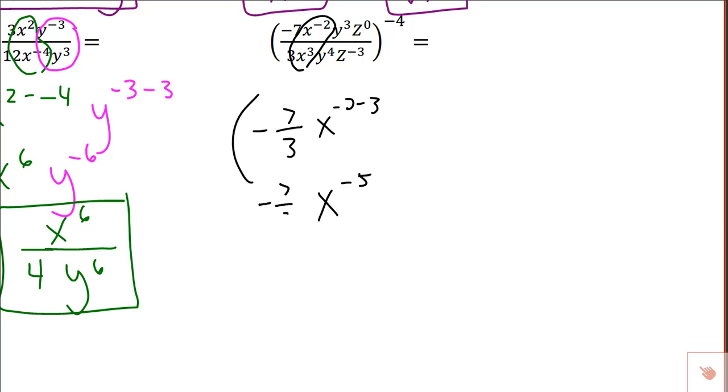I'll bring this along just to have it down there. When we're taking care of the y's, I have y to the 3 over y to the 4th. That's like saying y to the 3 minus 4, which is y to the -1.